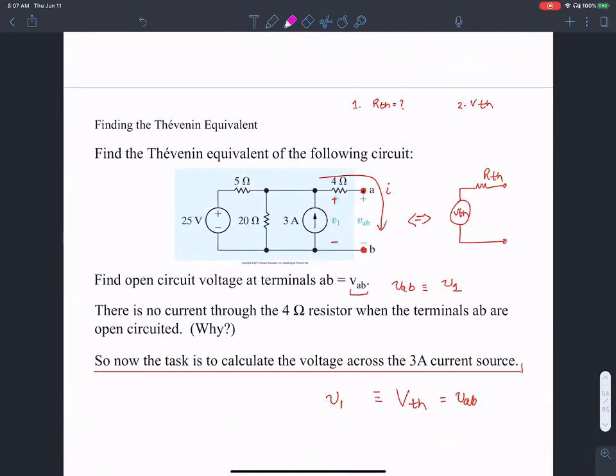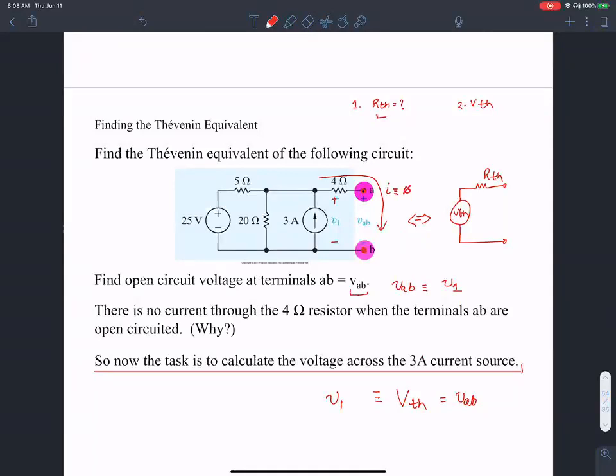The open circuit voltage is when you keep the terminals A and B open circuit. What's the amount of current flowing through these open terminals? 0, right?